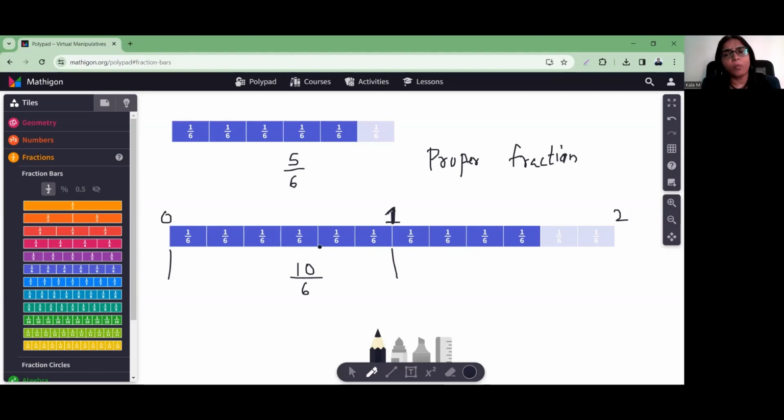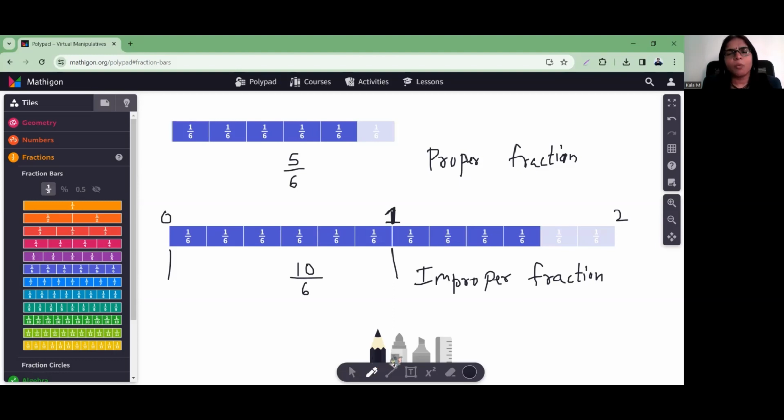That means it is more than 1. It can be more than 2 also, more than 3 also. But the important point is it is more than 1. And that's why it is called an improper fraction. So, the fractions which are less than 1 are called proper fractions. The fractions which are more than 1 are called improper fractions.